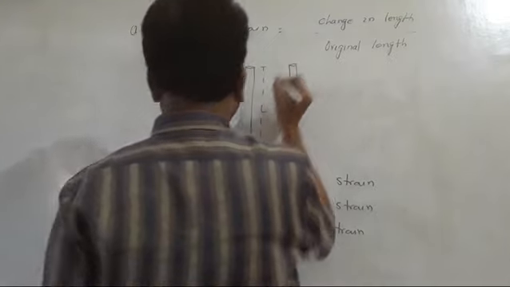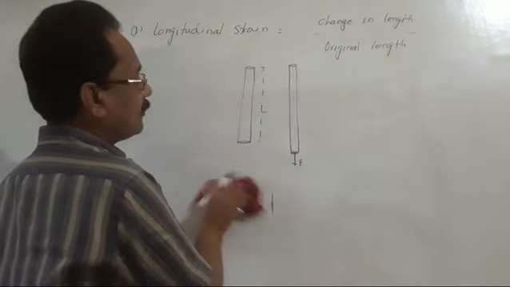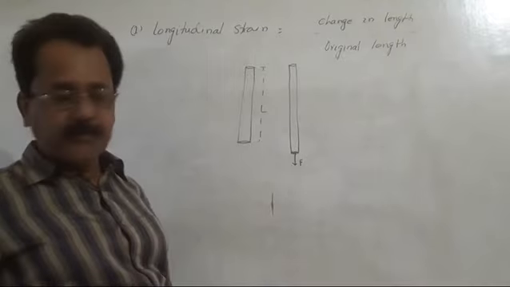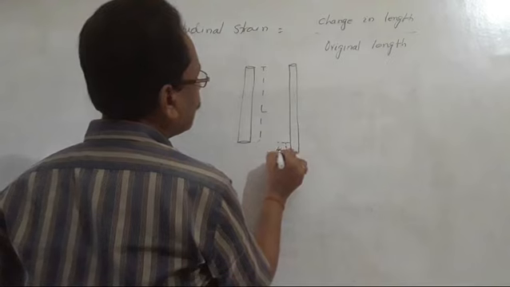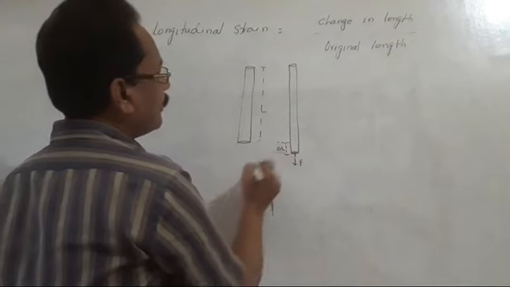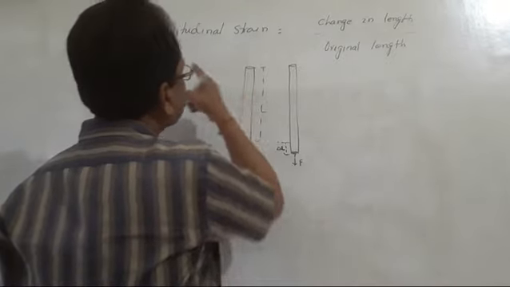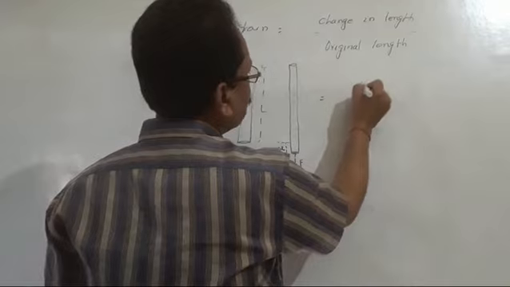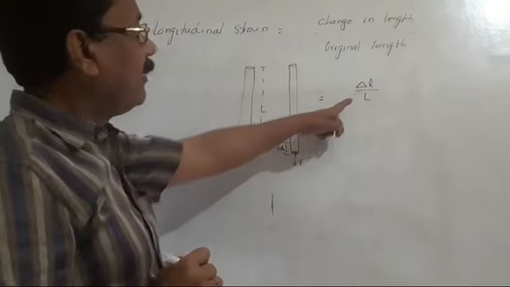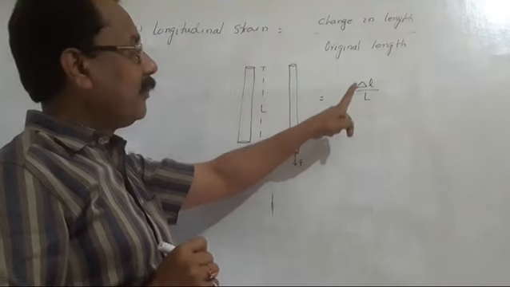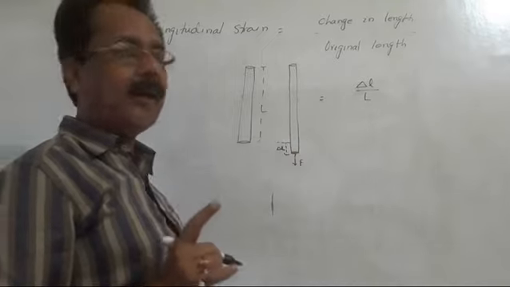When we apply a force, what will happen? There will be change in its length. Just imagine this is del L. The change in length is your del L. Hence, the longitudinal strain is equal to change in length to original length. As it is the ratio of the same thing, it has no unit and dimension.